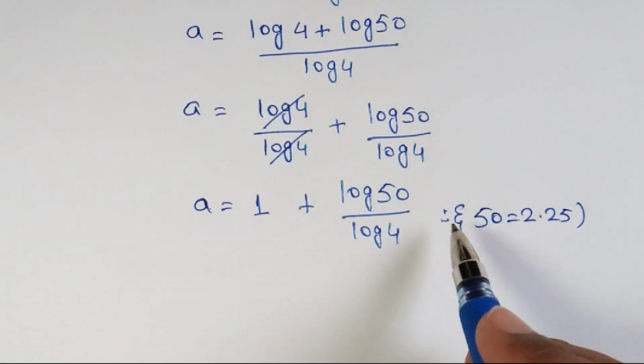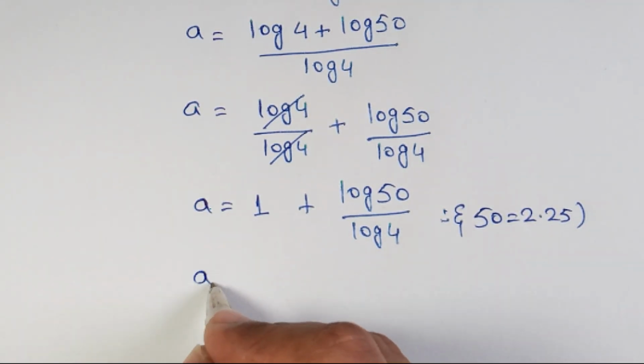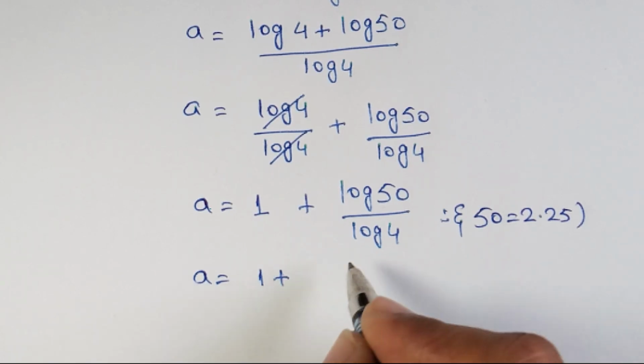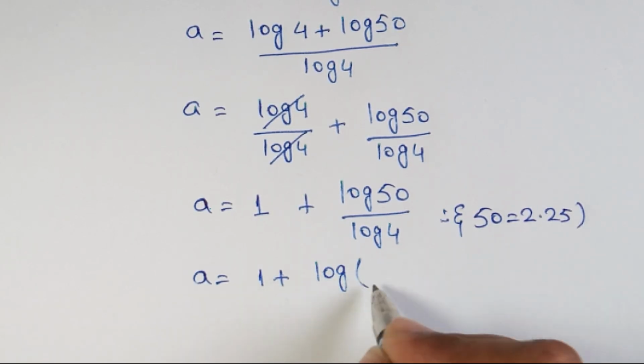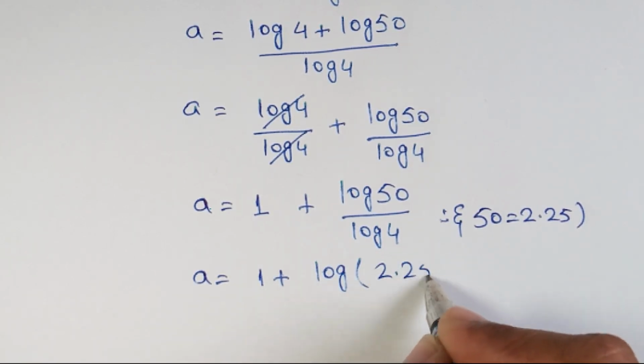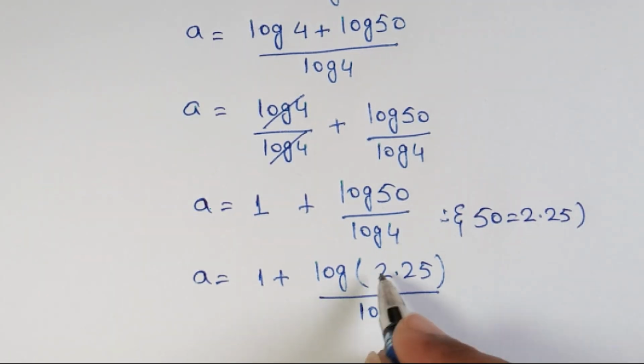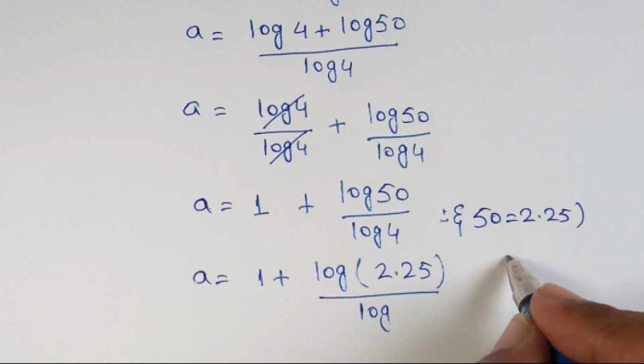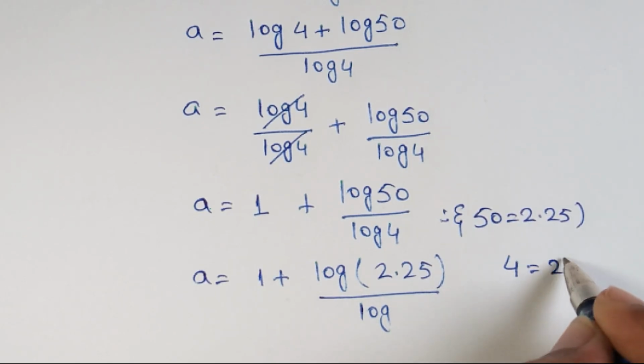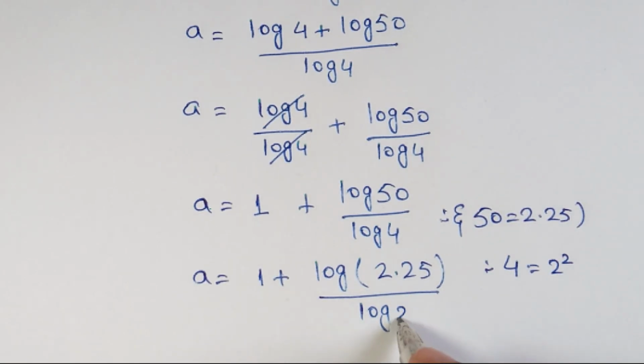So we will replace it with 50, and we have a is equal to 1 plus log of bracket 2 into 25 divided by log of 4. But we can write 4 is equal to 2 square.